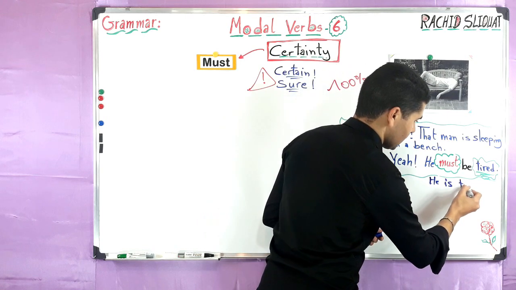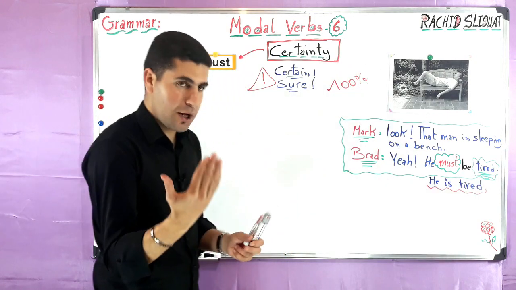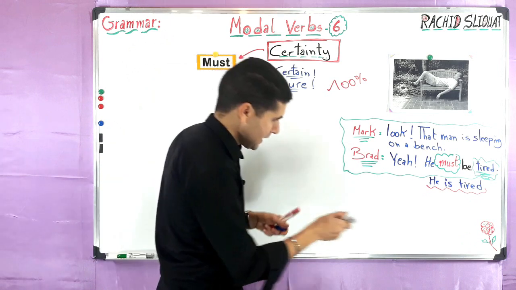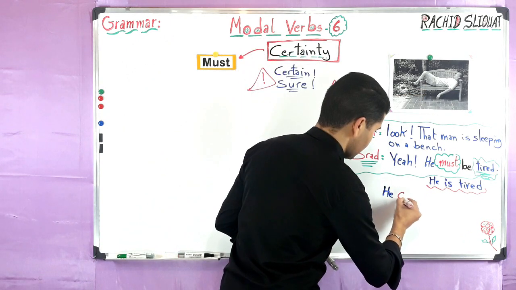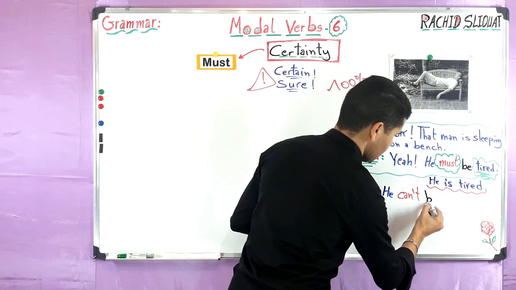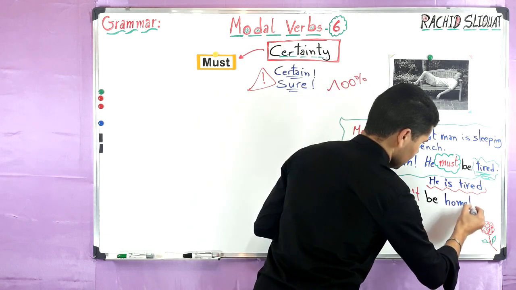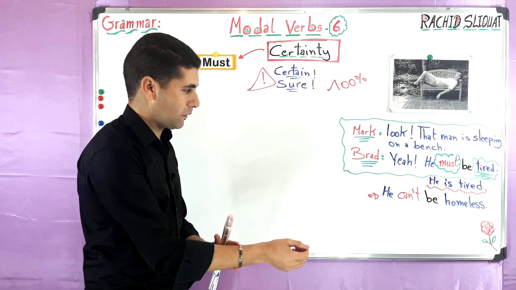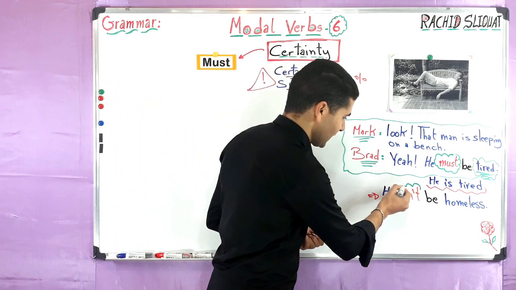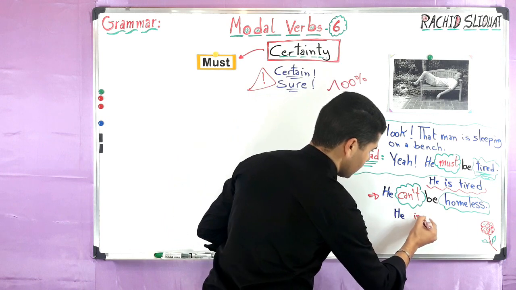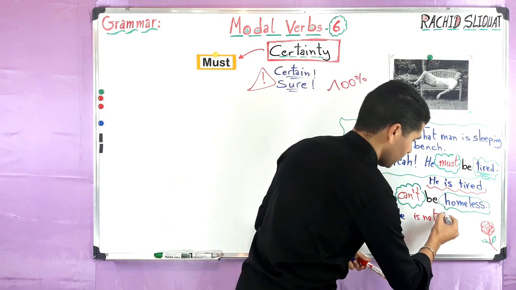Now Brad can also say, for example, he, which means the man, he can't be homeless. Alright, now here again we have another modal verb which is can't. He is not homeless.